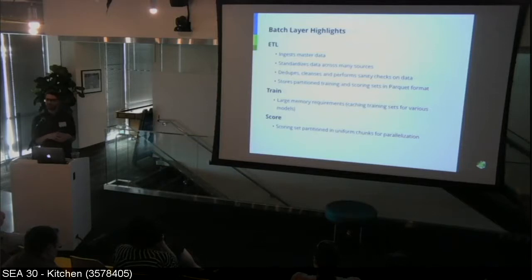We train models on various geographies, and so you can imagine that you're making a trade-off between dealing with highly skewed data versus a large enough volume of data for a training set. And then finally, our scoring is repartitioned so that we can process uniform chunks of data very quickly.